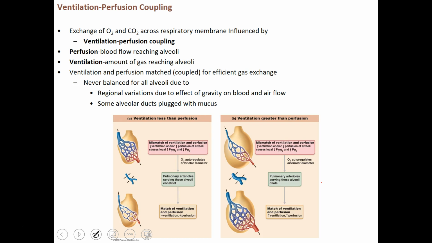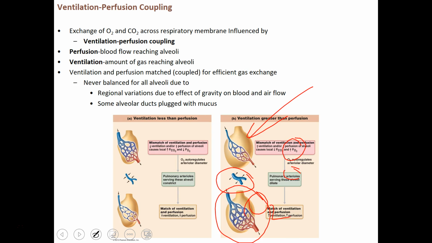Now, of course, during the gas exchange, external respiration, the maximum amount of blood should flow to the alveoli with the highest concentration of oxygen. Okay? So when the concentration of oxygen in the alveolus increases, the arterioles that lead to this alveolus dilate, allowing more blood to get to the alveolus with a lot of oxygen to pick up that oxygen.